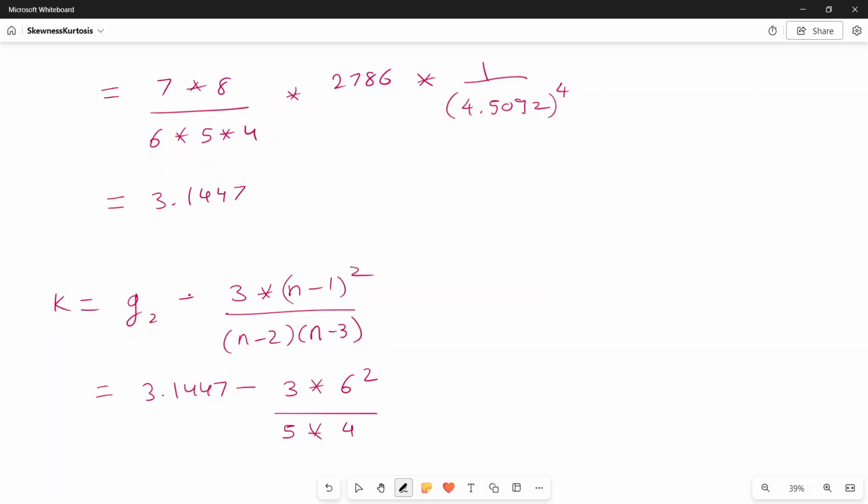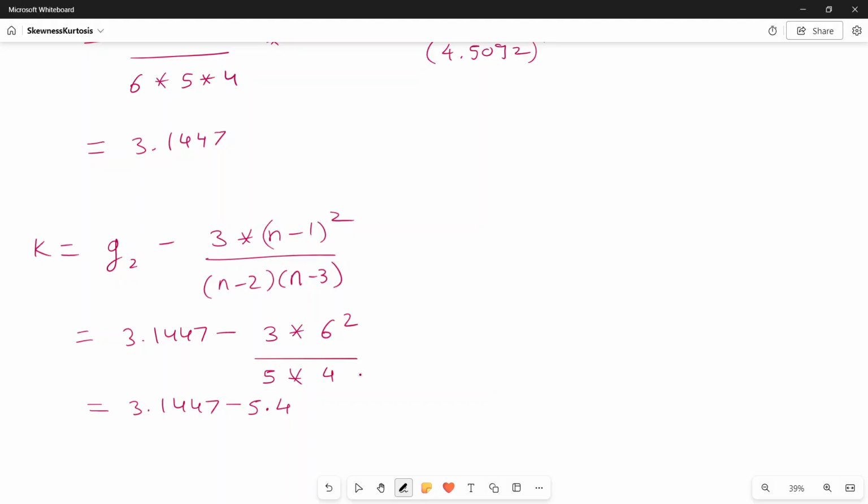Okay. So if you calculate this, this comes out to be 3.1447 minus 5.4, which is equal to minus 2.2552.